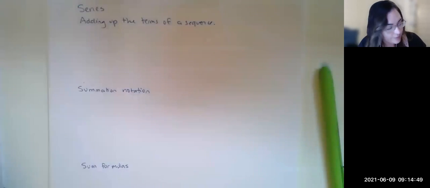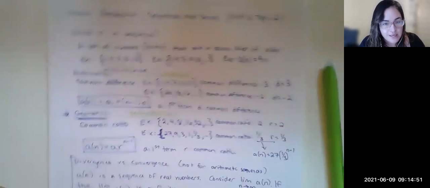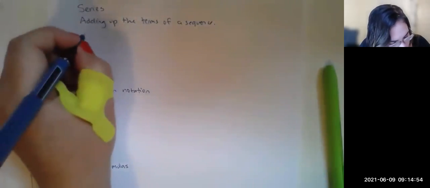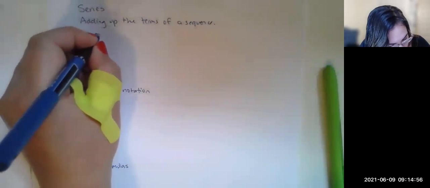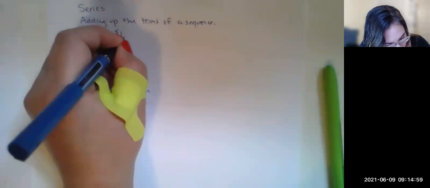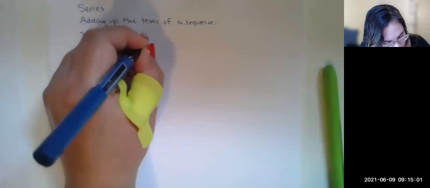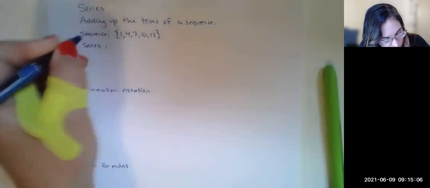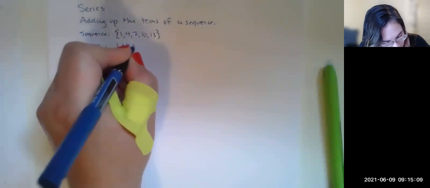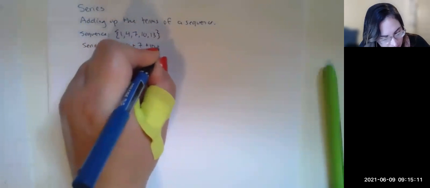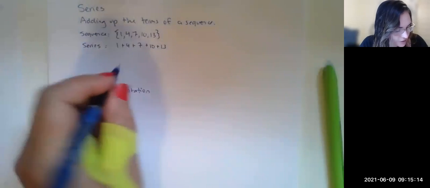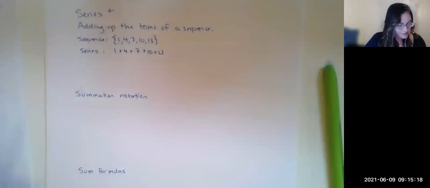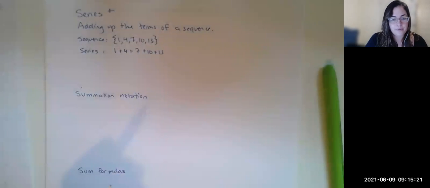Let's take our example from this first page: 1, 4, 7, 10, 13. For this sequence, the series would look like 1 plus 4 plus 7 plus 10 plus 13. So with series, you just think sum. We're summing up the terms of a sequence. That's the difference between sequence and series.